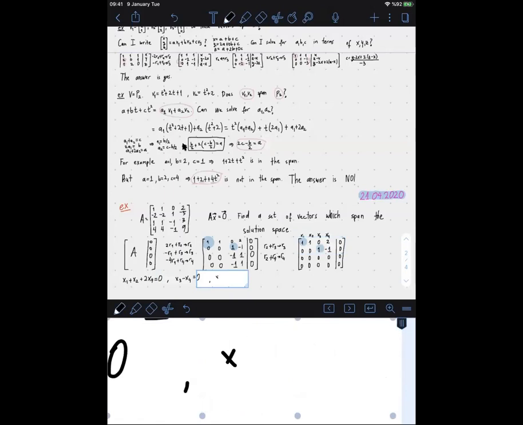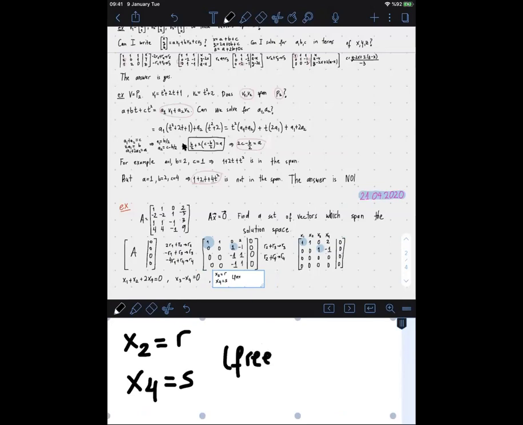So x2 and x4 are free. I can give x2 the name R, and x4 is also free, so we gave it the name S. These are the free variables. They can be anything. Once I assign these letters to x2 and x4, x3 and x1 are determined.